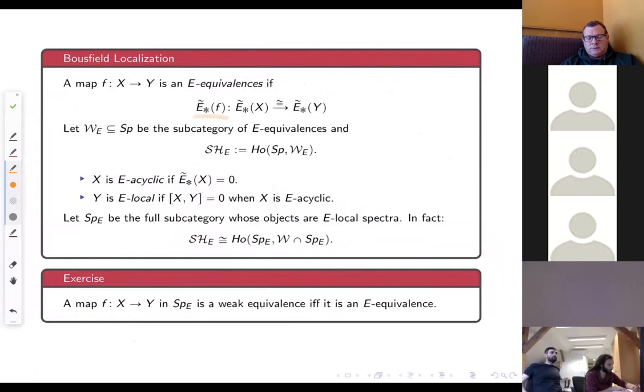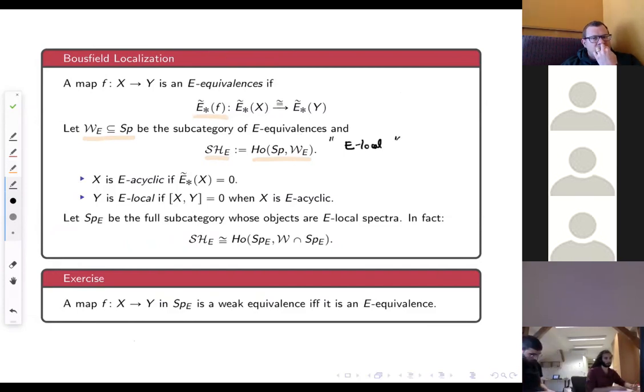It's the same as weak equivalences, except that you replace the sphere spectrum with a spectrum E. The subcategory of spectra containing all the E equivalences satisfies the conditions we had before for constructing a homotopy category, and we let SH sub E be the homotopy category of spectra when you invert the E equivalences. We'll see below that this is what people call the E local stable homotopy category.